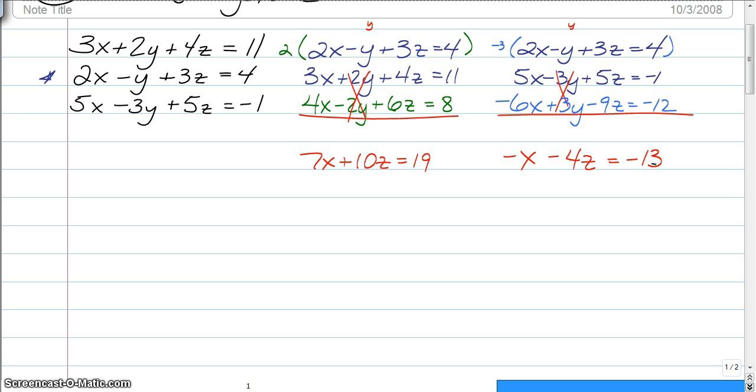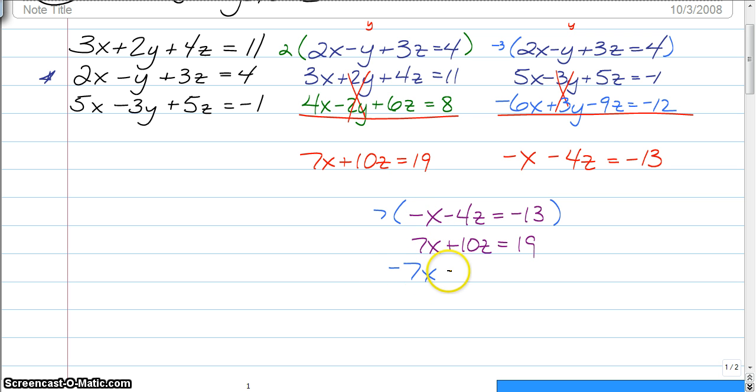Now the nice thing is you know how to solve the rest of it from here, because now what you're going to do is take both of those and stack them on top of each other. So we have a negative x minus 4z equals a negative 13, and we have our 7x plus 10z is equal to 19. And now you're going to just play elimination like we did with 2 variables, x and y. So now we have an x and z. So we have 2 variables. We're going to multiply the top one by 7, because then we can just turn this into a negative 7.